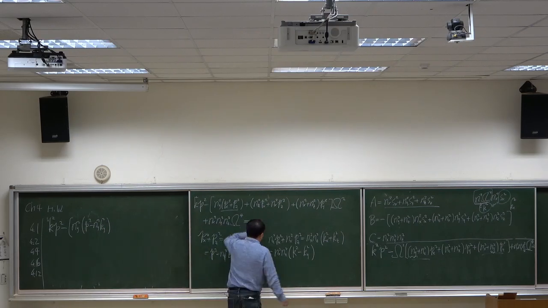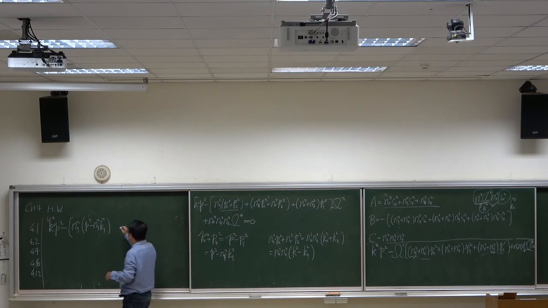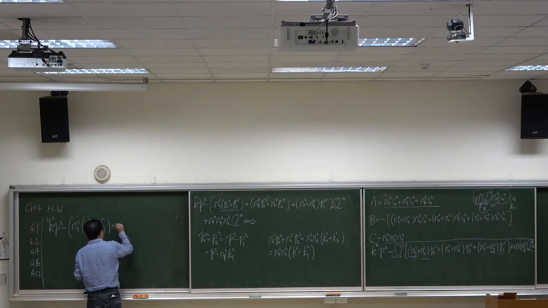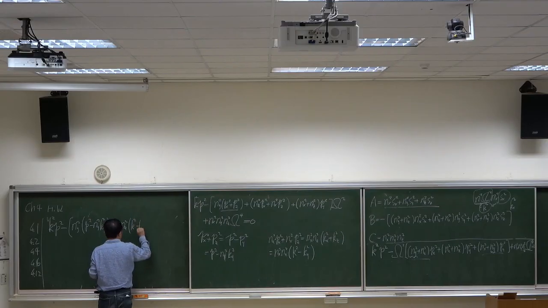And here we have nx squared nz squared times k squared minus ky squared.